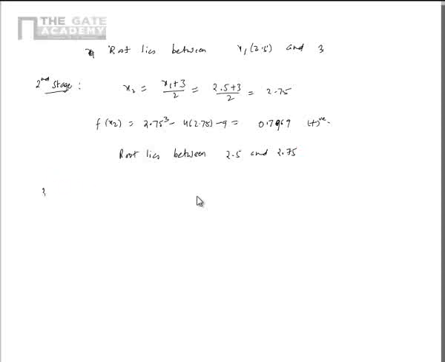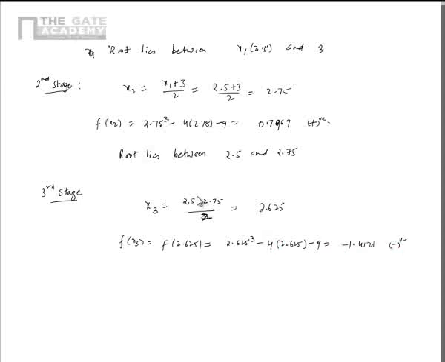Okay, so now the third stage will be basically x3 is (2.5 + 2.75)/2, sorry, this is the bisection method. So you will get 2.625. Now f of x3, which is f of 2.625, will give rise to 2.625 whole cube minus 4 into 2.625 plus 9, which is minus 1.4121.